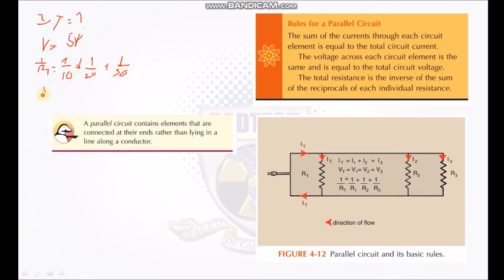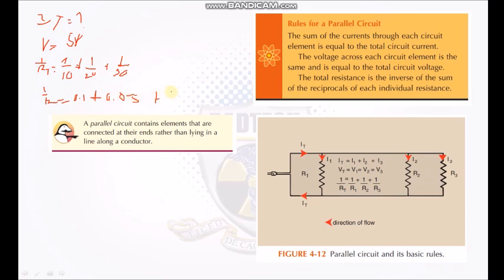So 1 over RT is equal to 1 over 10. How much is that? 1 over 10 is equal to 0.1, plus 1 over 20, which is 0.05.